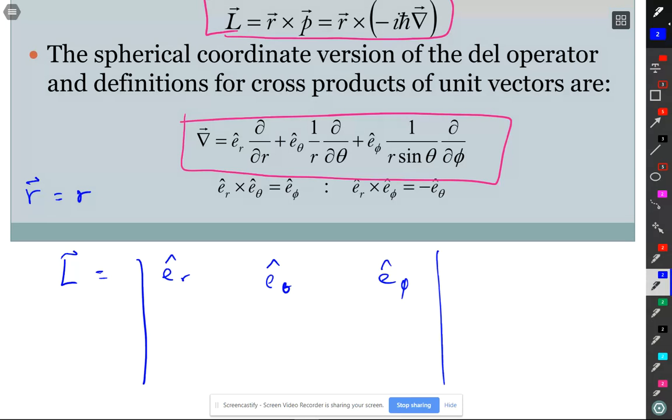What's the direction of the r vector? In the r direction. Right, that's what I said. It sounds really dumb when you say it. And so that's just going to be r, 0, 0, which makes our cross product a little easier, right?